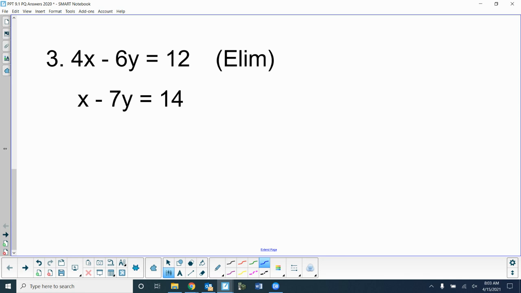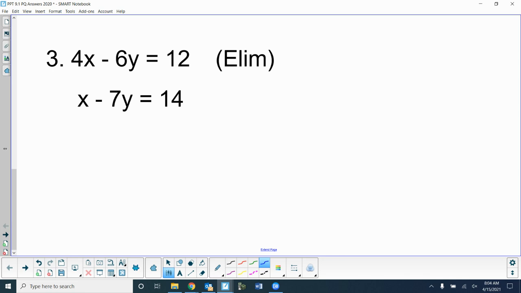Put it under there. What's this times 4? No, not the 6. Oh, the bottom one. Negative 28, right? And what's that by 4? Oh, 52. Super.